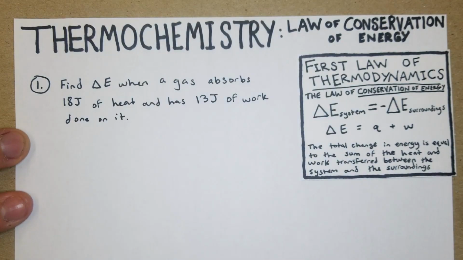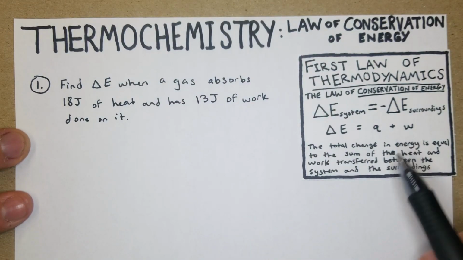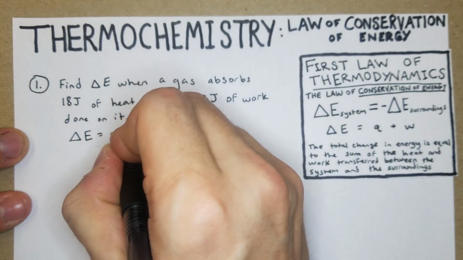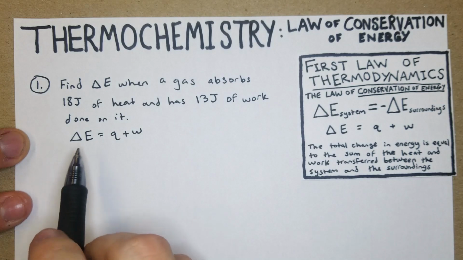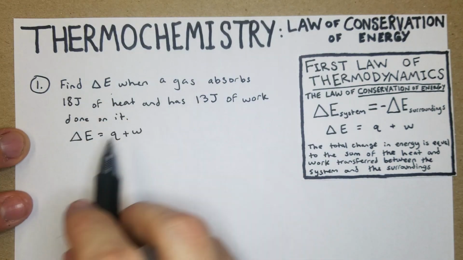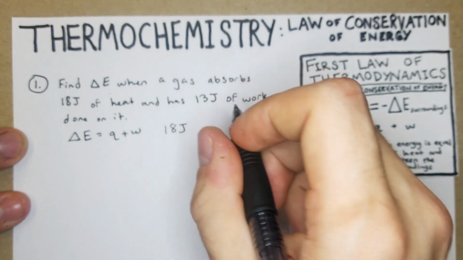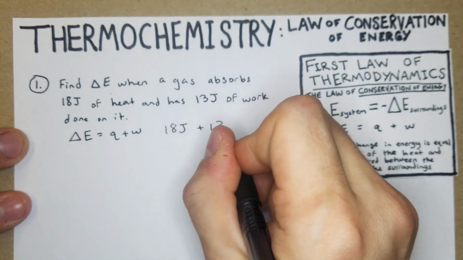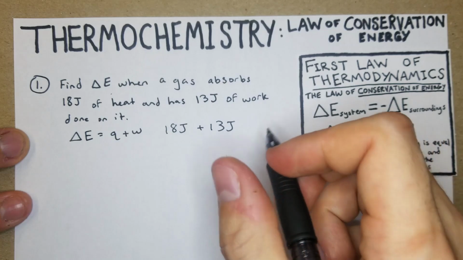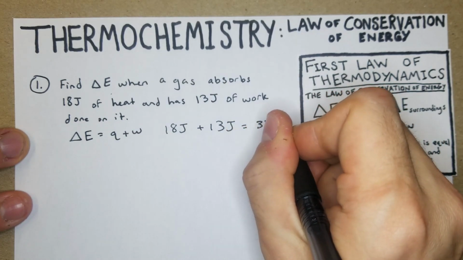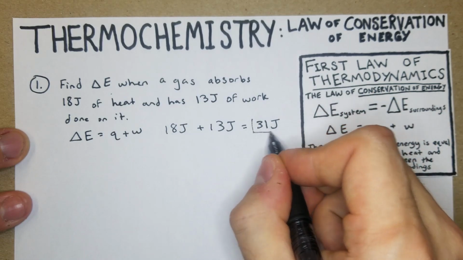So first off, we can just quickly assess this formula here. Delta E equals heat plus work. We're trying to find delta E, so we're just going to add these two numbers. It's that simple. 18 joules of heat plus 13 joules of work, and we're going to get 31 joules. It's going to be our delta E.